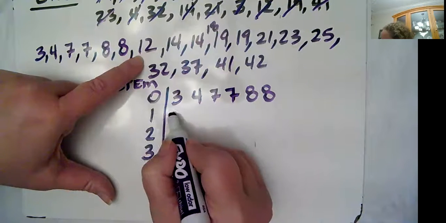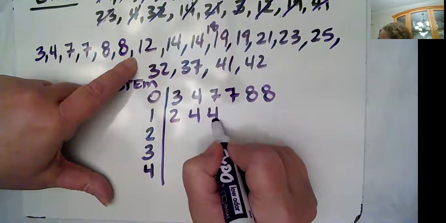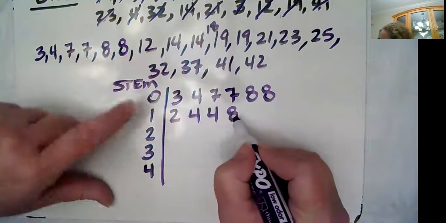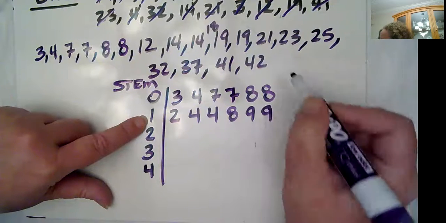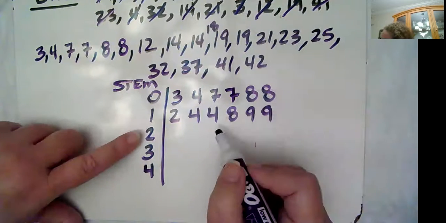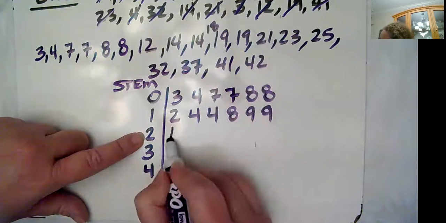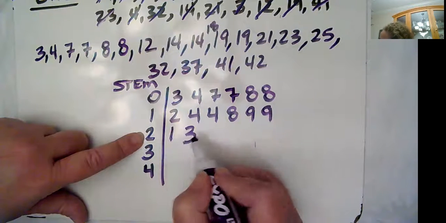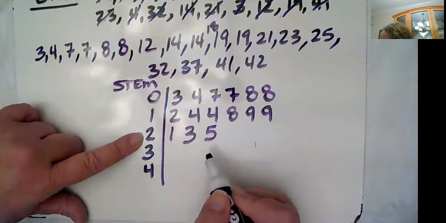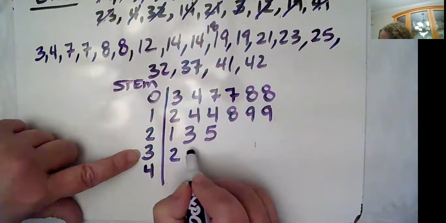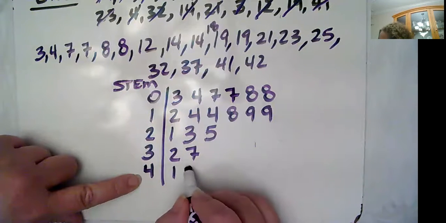So 12, 14, 14, 18, 19, 19, and then we're in our 20s. So anything that begins with a 2: 21, 23, 25, and then we're in our 30s: 32, 37, and we're in our 40s, 41 and 42.